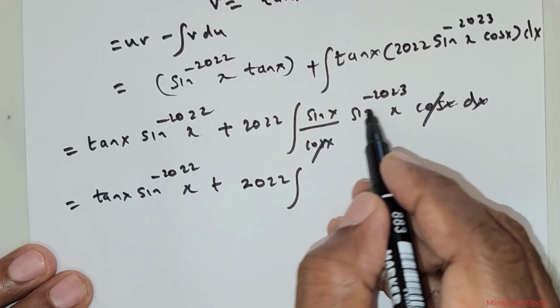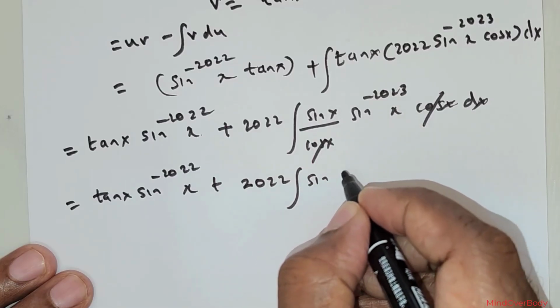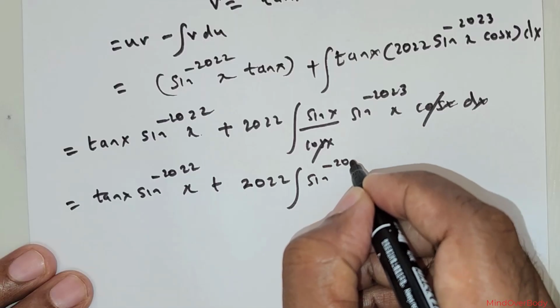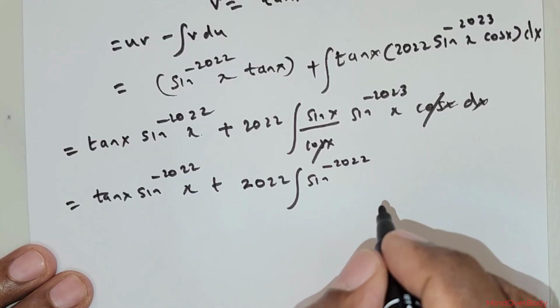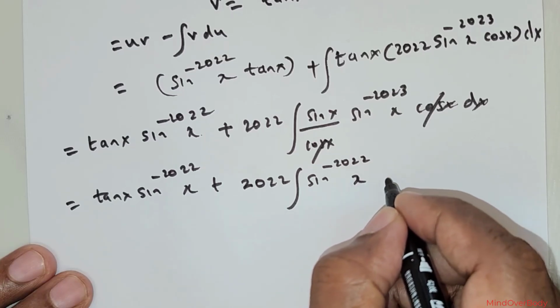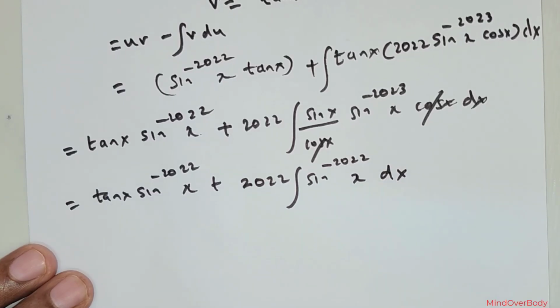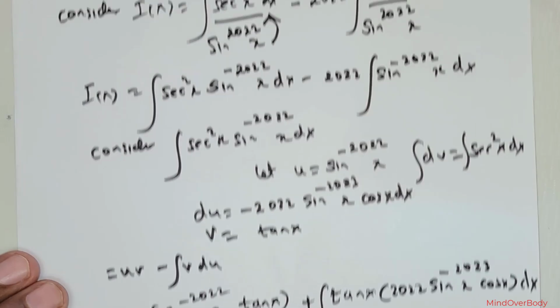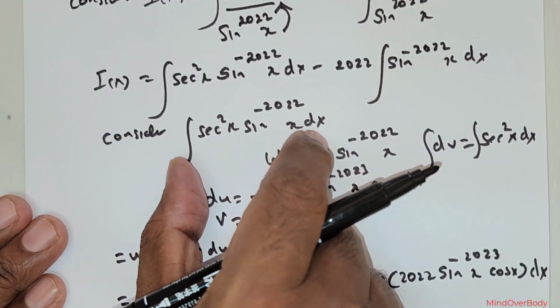Now you have a sine x and negative 2023, so that means this can be rewritten as sine raised to the power of negative 2022 x times dx. Now what is this? This is nothing but this consideration. You just consider this part.